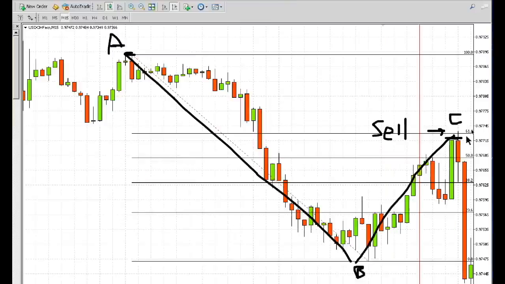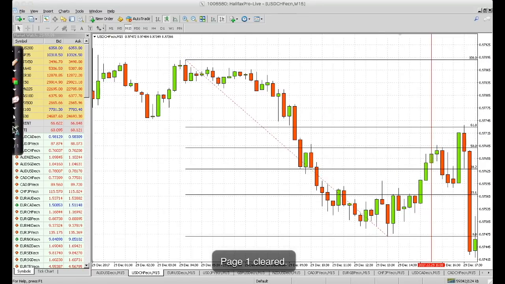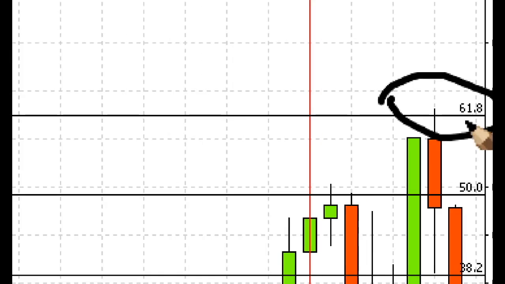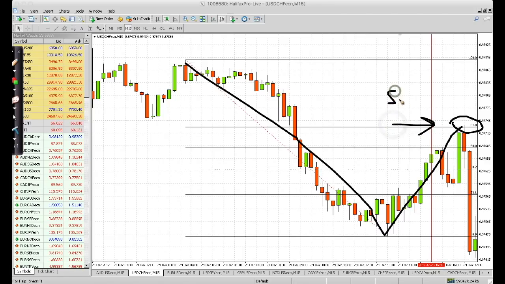Magical, isn't it? Like magic, right? So once you see that, you know, hey, I'm pretty confident that this 61.8% is the end of the correction. So you would sell there and it's going to collapse, and then you take profit somewhere there.